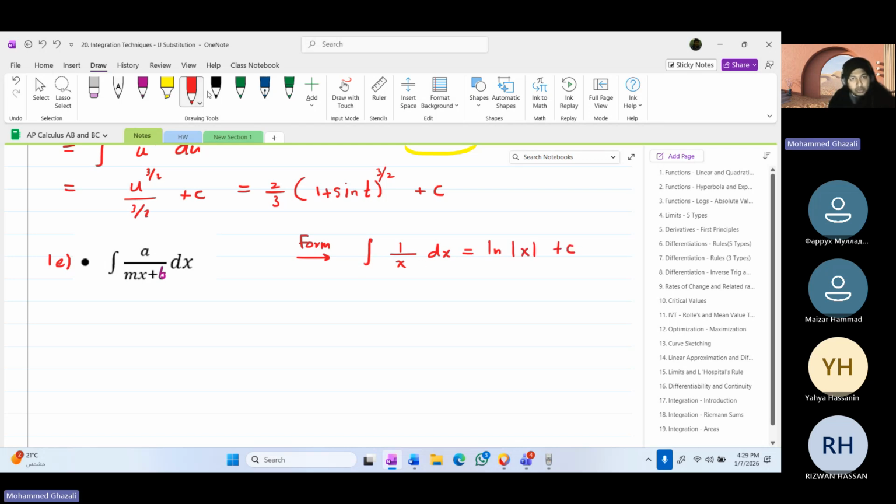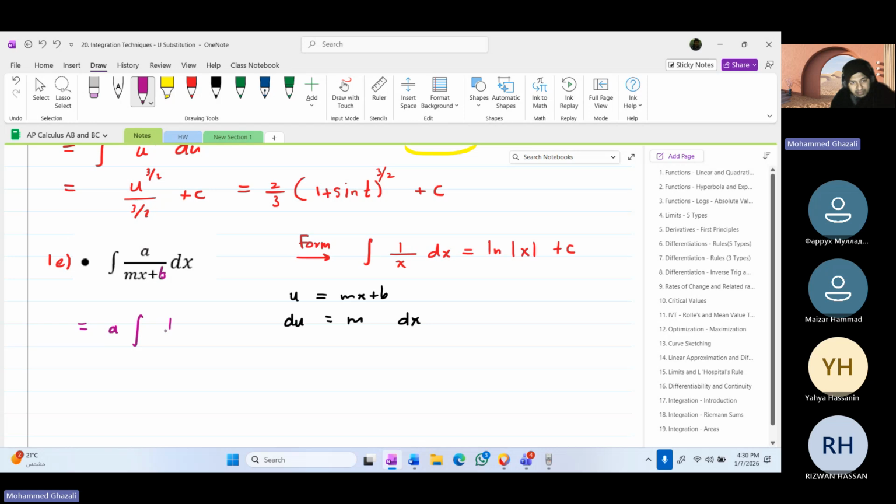Anyways, we are going to use u substitution here. So we say let u equal mx plus b. Then we find the derivative. Remember, I'm taking the d across. Obviously, the derivative, the slope of this function, is just m, right? So this is the integral. Remember, take the a out.